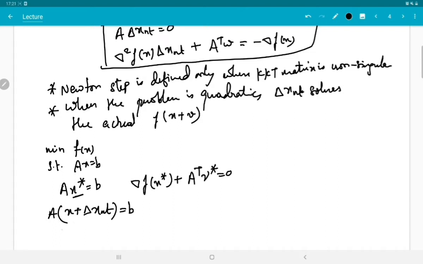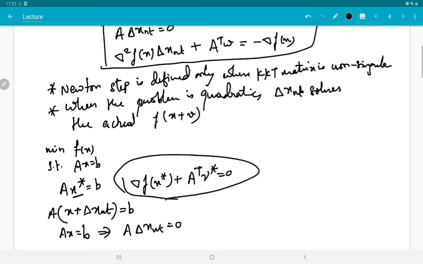We already know that Ax equal to b, from the constraint. So we get A delta x_nt equal to 0. This is something we get from here. And the second part, that is this equation.